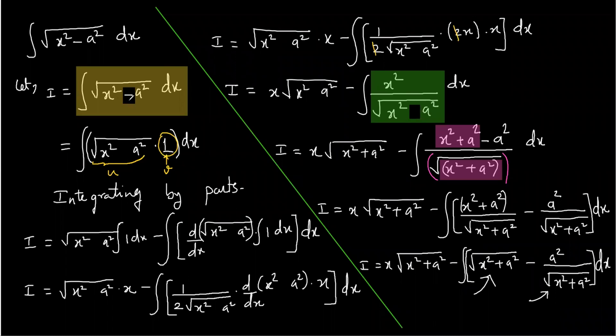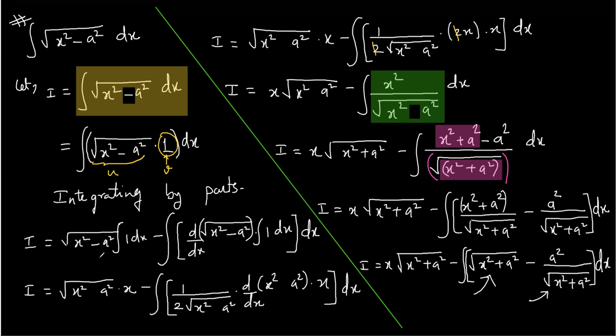I assume this integral to be I, and then I multiply 1 to it: square root of x square minus a square into 1 dx. Then I have square root of x square minus a square into 1 dx, minus the big integral of d by dx of square root of x square minus a square into the integral of 1 dx, dx. I'm applying integration by parts for this.